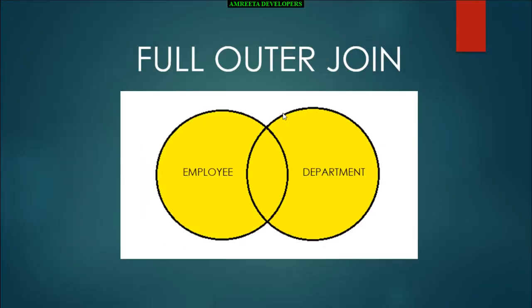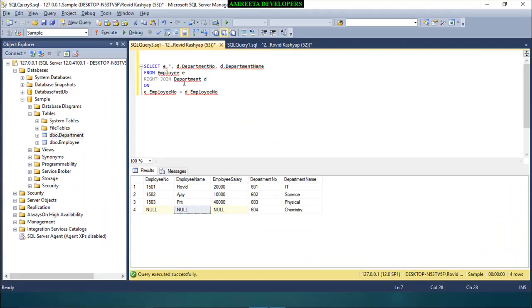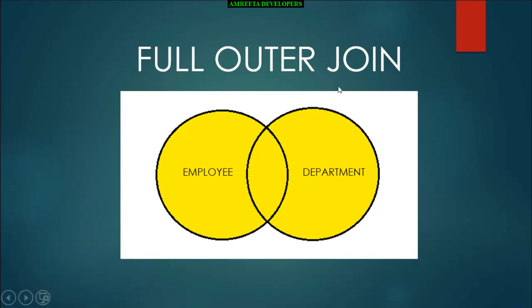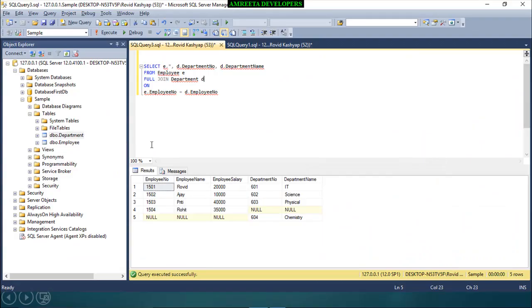So if we talk about the full outer join, let's see. If you use the full outer join, simply replace this with full outer join and execute. In the full outer join, as you can see, all the records, either matched or not matched, and all the null values will be displayed.